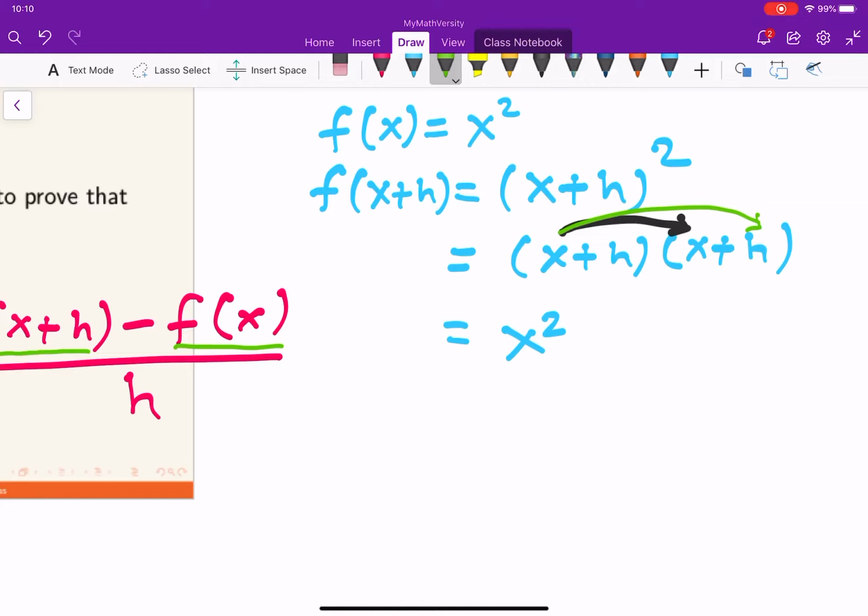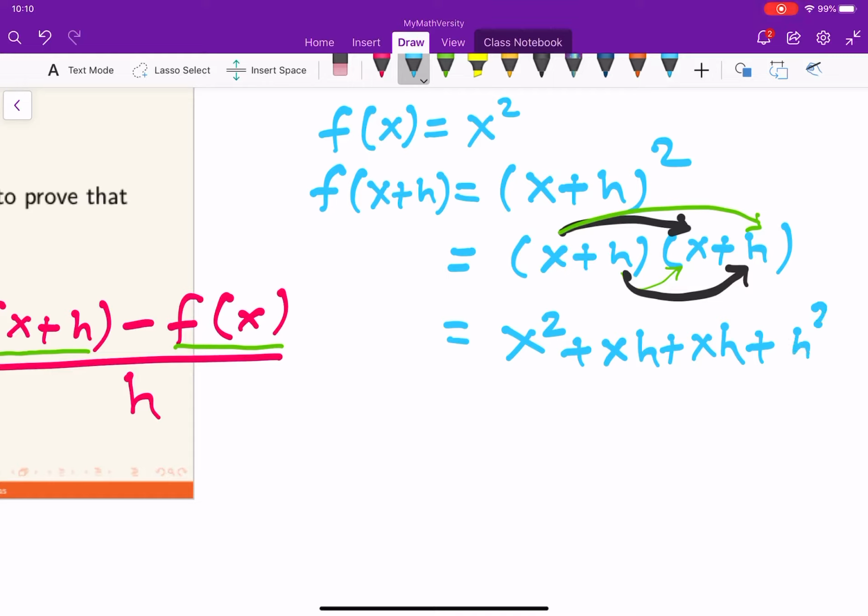So x times h will be x times h, right? And then I can multiply the inside terms, h times x, which again I can say is x times h, and then multiply the last terms, h times h, as h squared, right? So that's what we have.